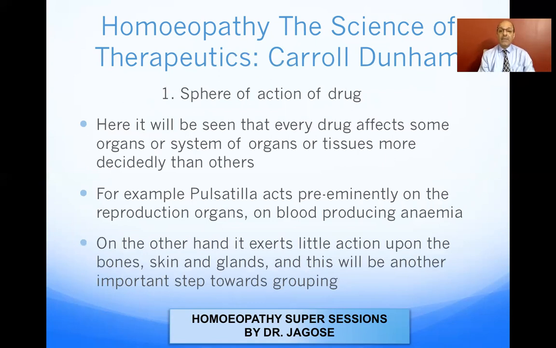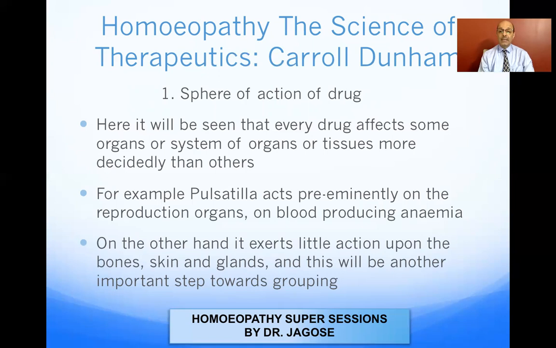Here it will be seen that every drug affects some organ or system or tissues more decidedly than others. Naturally, every drug will have a specific action on a specific part, location, system, or organ of the body. For example, Pulsatilla acts predominantly on the reproductive organs and on the blood, producing anemia.